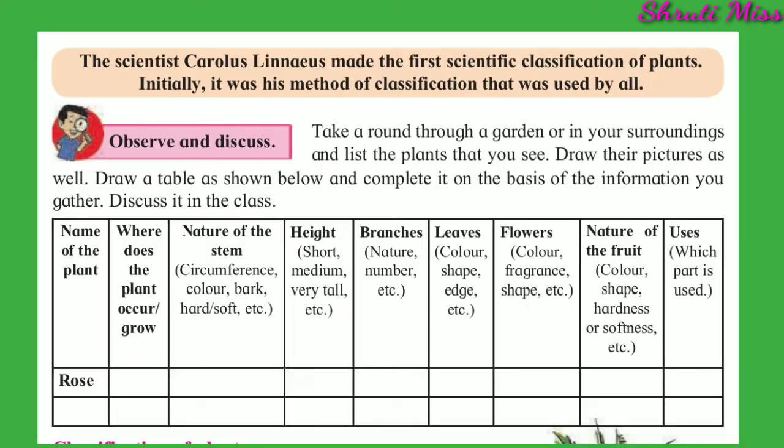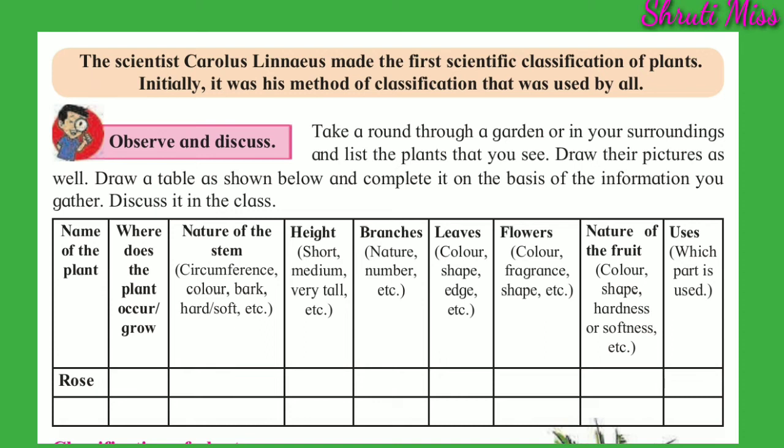The scientist Carolus Linnaeus made the first scientific classification of plants. Initially it was his method of classification that was used by all. So there is an activity: observe and discuss. Take a round through a garden or your surroundings and list the plants that you see.